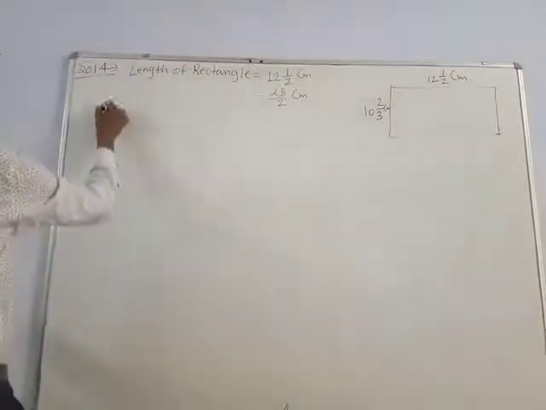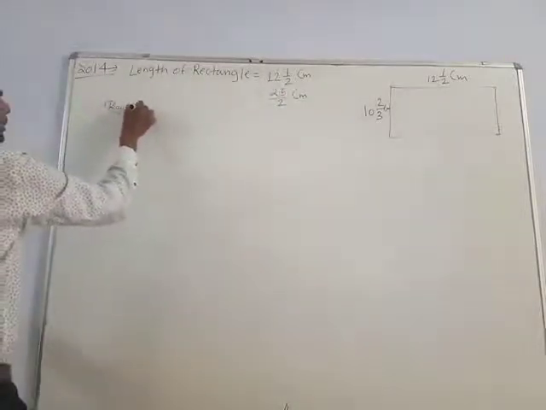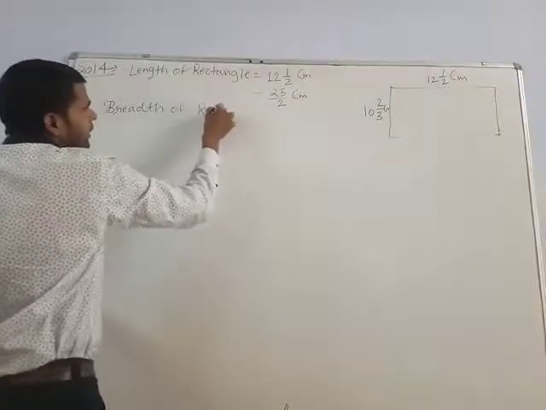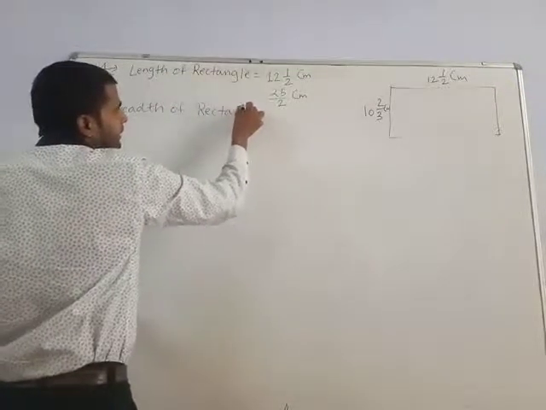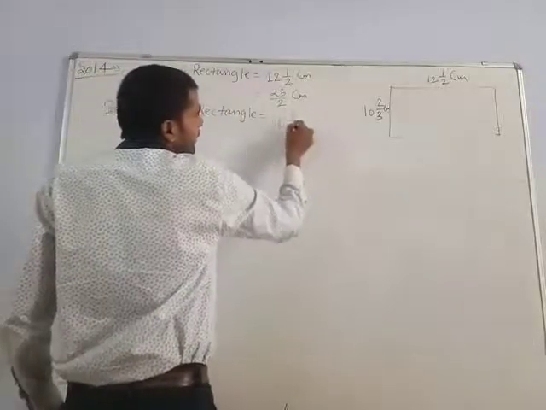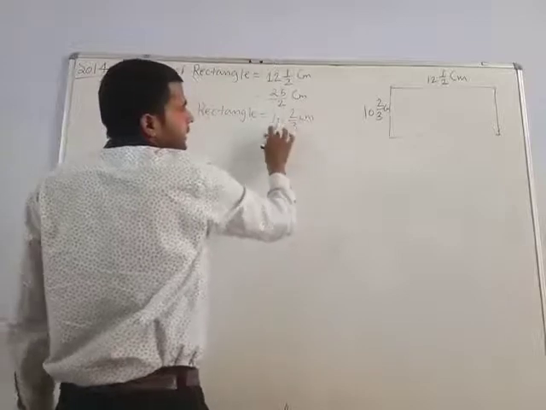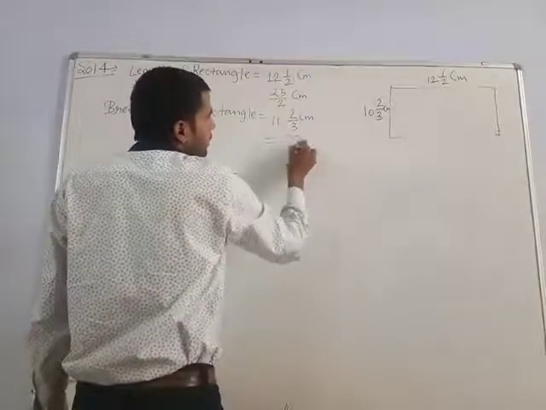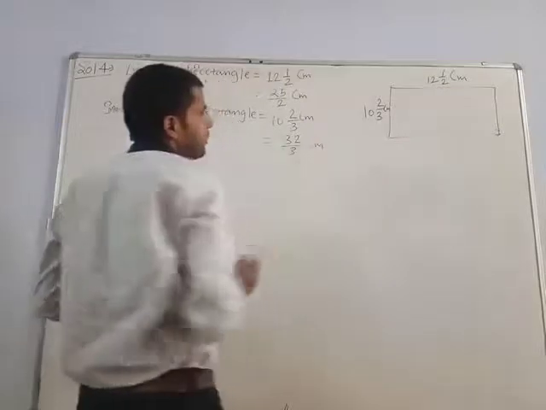Then the breadth of the rectangle is 10 2 upon 3 centimeter. 10 into 3 is 30, 30 plus 2 is 32 upon 3 centimeter, right?